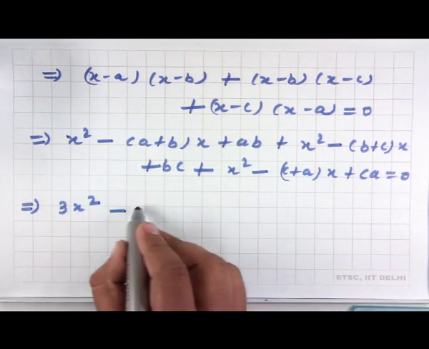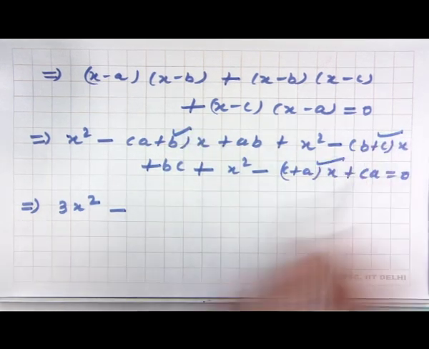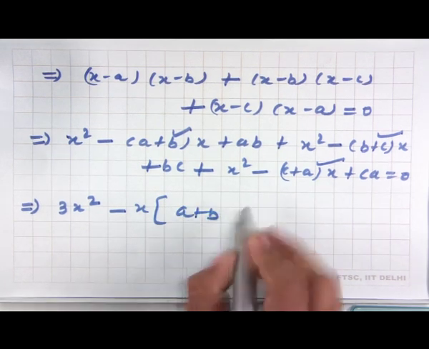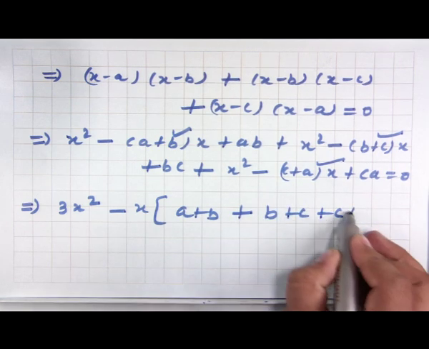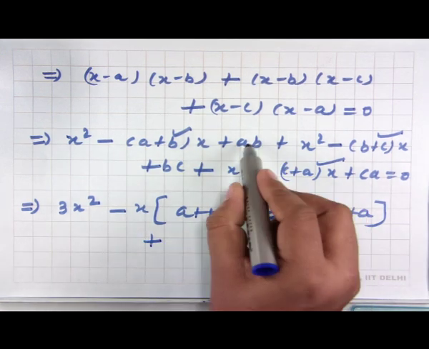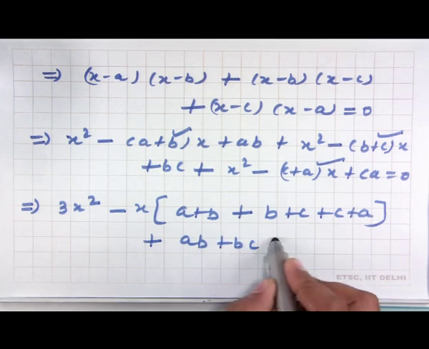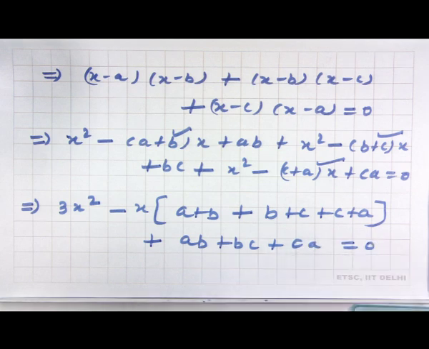minus, now take out the x from these three, x (a plus b plus b plus c plus c plus a), plus the constant part ab plus bc plus ca equal 0.